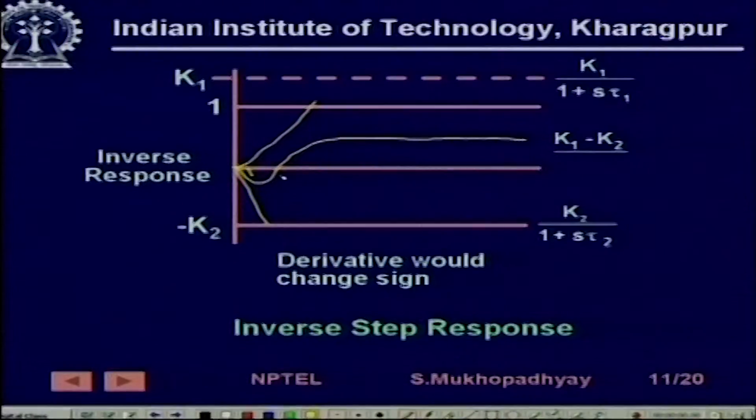Because the response due to the k2 block will actually level, this will be the response, while the response due to the k1 block is going to be like this.